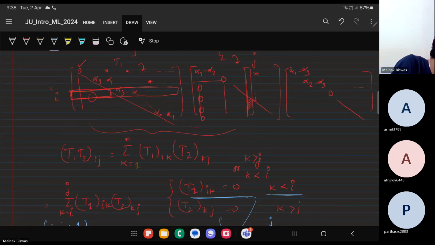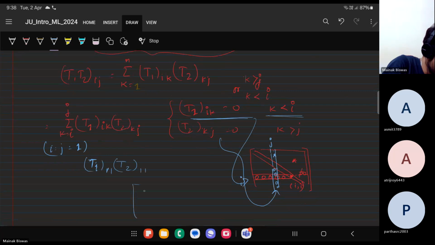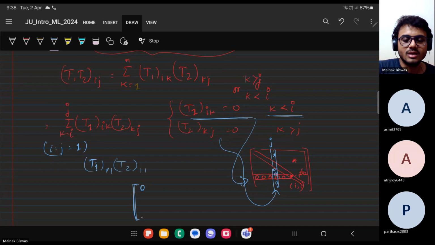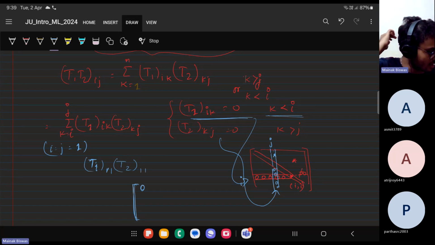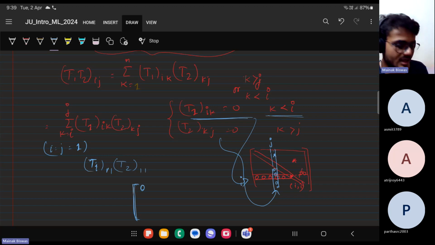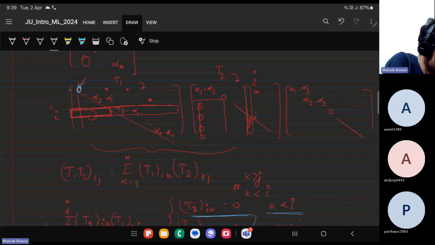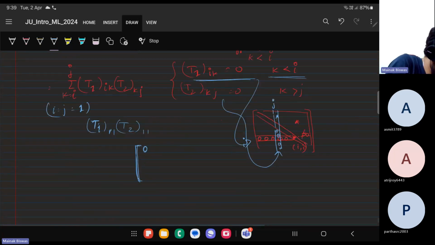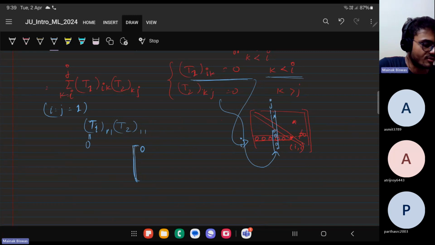So you will get this element, the first element of the column, as 0. Is it clear or not? You can just see and multiply. I don't know how to explain. This first element T11 is 0. Already they have shown this is 0 because it's alpha 1 minus alpha 1.